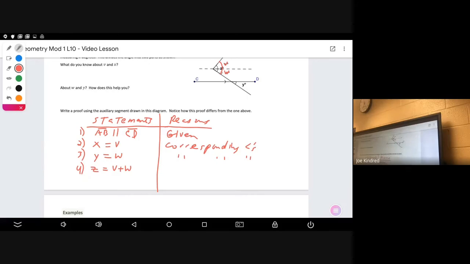And so that's because of angle addition. It's just the addition property. You can just put addition property. And then finally, the last statement is Z is equal to, what you're trying to prove, X plus Y, and I wrote W there, X plus Y. And again, my writing is not very good right now, but that's okay.